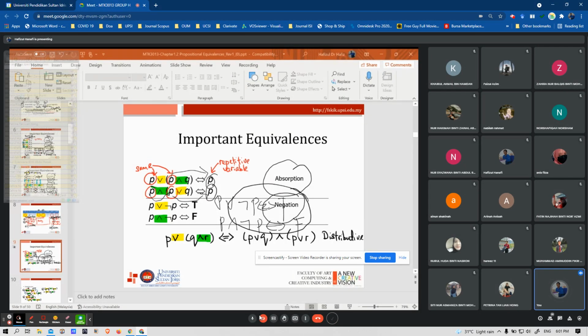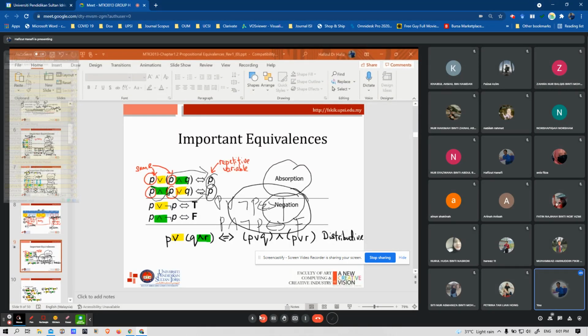Distributive law says that we can distribute the outer operation over the inner one. We have P or Q and R is equivalent to P or Q and P or R. This one is equivalent for distributive.